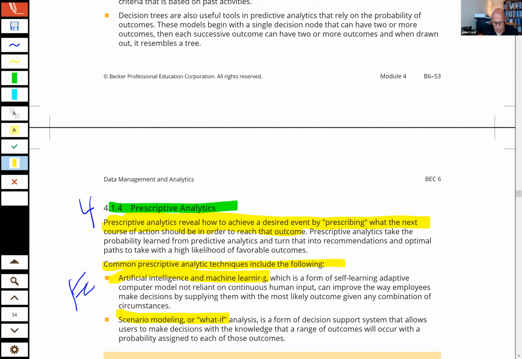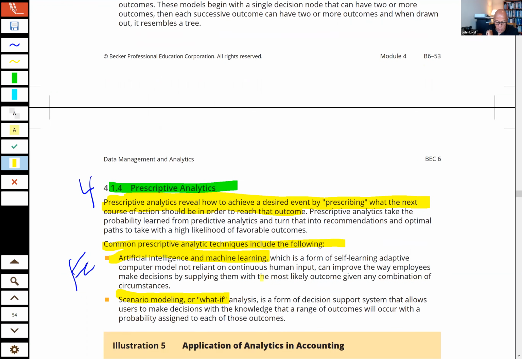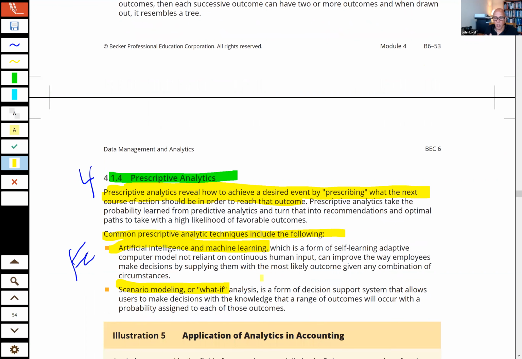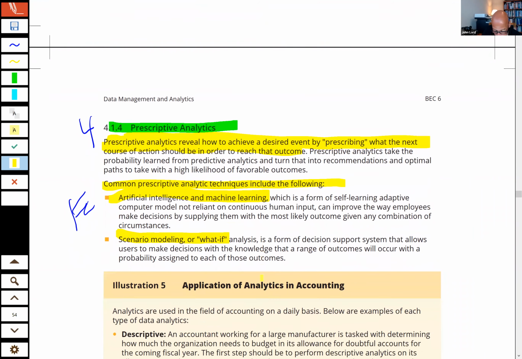If this has happened in the past, and we can predict that if we do this, this is going to happen, what if we change this variable or this factor? That would be more of a prescriptive analysis.